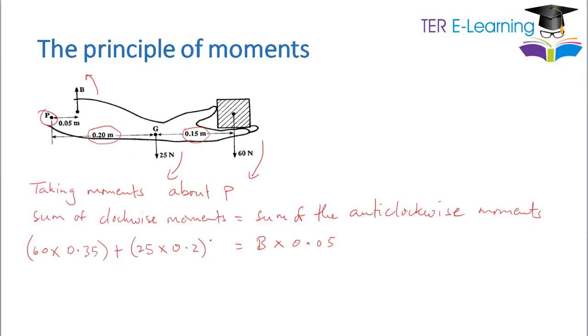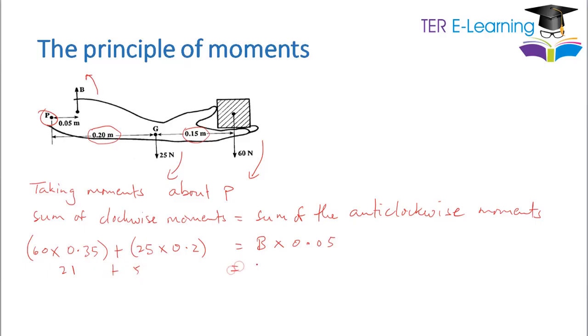Alright? So let me just work that out for you there. That is 60 multiplied by 0.35. That gives me 21. And then 25 multiplied by 0.2. That gives me 5.